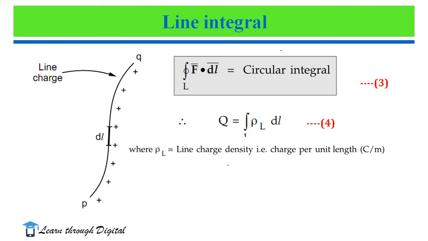This figure illustrates charge existing along a line from P to Q. It may be a positive charge or a negative charge. It is distributed along the length of the line. We consider the differential length dl. From this we are going to calculate the total amount of charge. Q is equal to integral rho L dl.